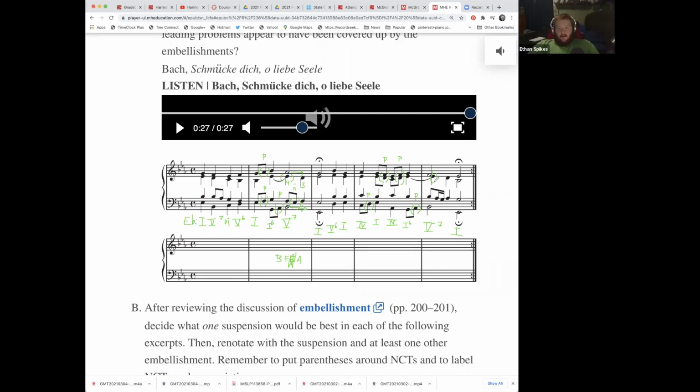It'd be a 4/3, right? 4/3 suspension. Good job. And then in the tenor, what is going on? Neighbor tone? Good. A downward neighbor tone. Super weak and unaccented. Good job, team. Look at us go.